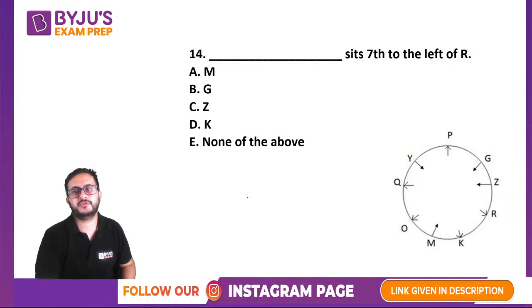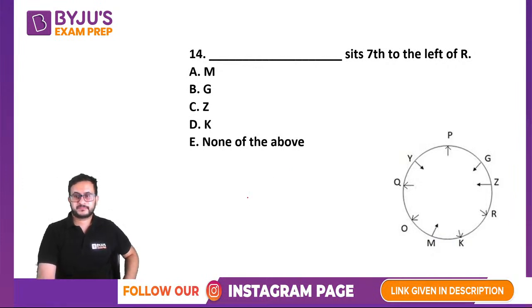It's seventh to the left of R. Who is seventh to the left of R? Now see, there are nine people. Okay, so instead of counting seven to the left, you can count second to the right.